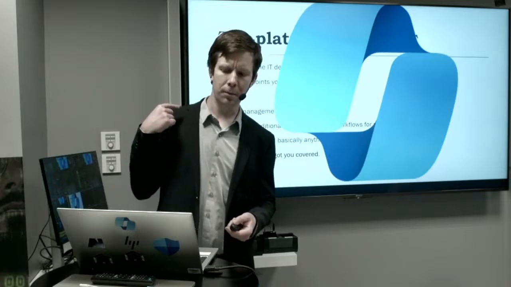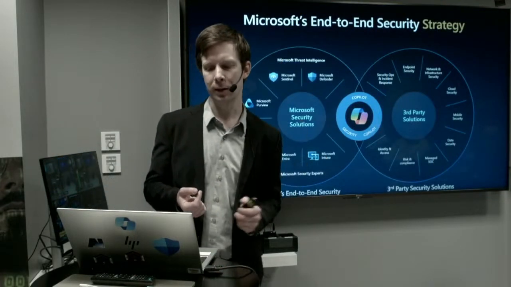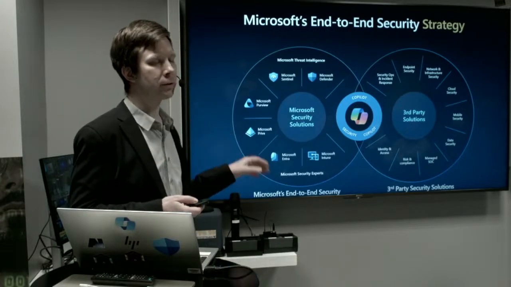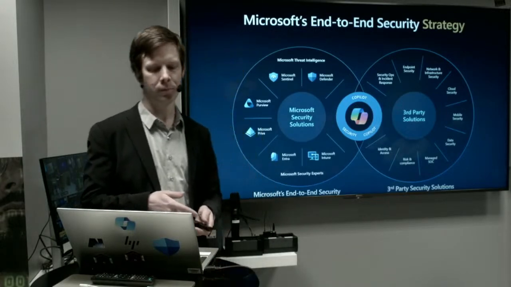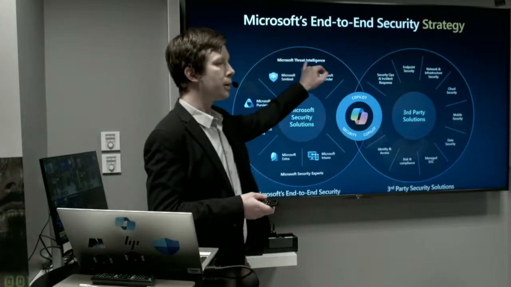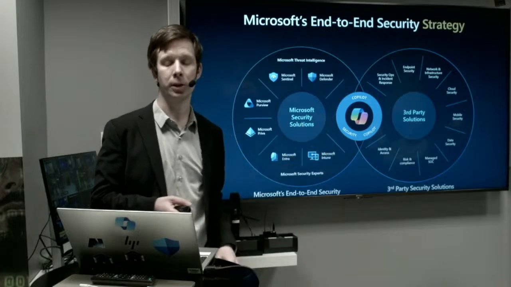So what is the Microsoft story on Security Copilot? Well, it looks something like this. To the left, we've got the Microsoft security solutions. Sentinel, Defender, the Microsoft Threat Intel, all up here on top, because that siphons down to essentially all the other products.